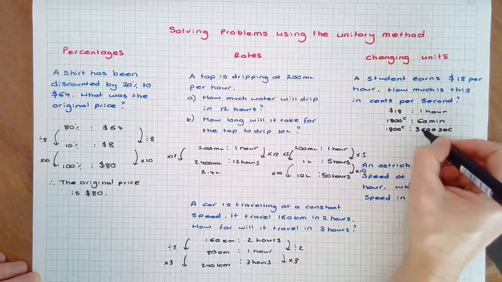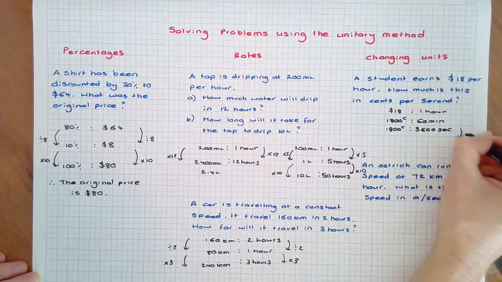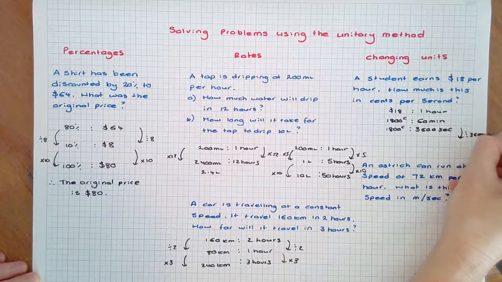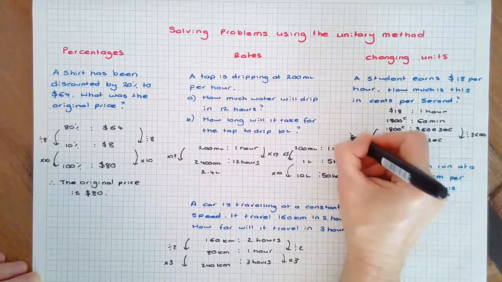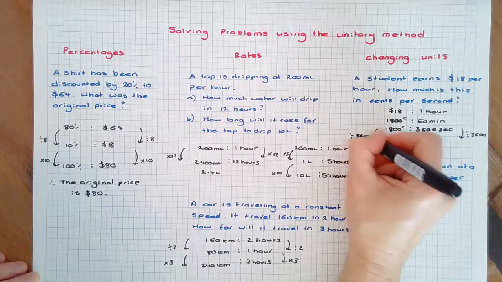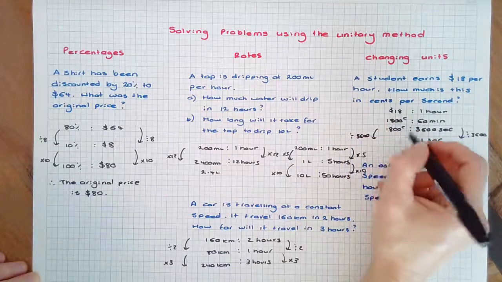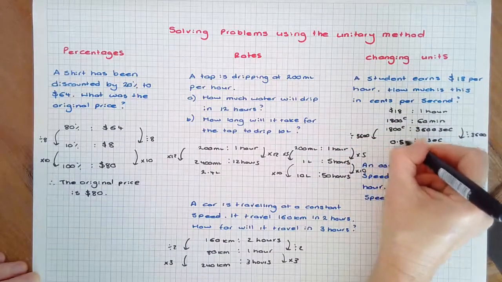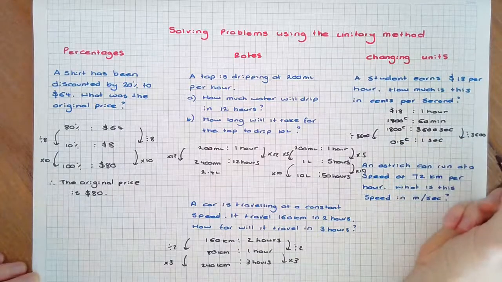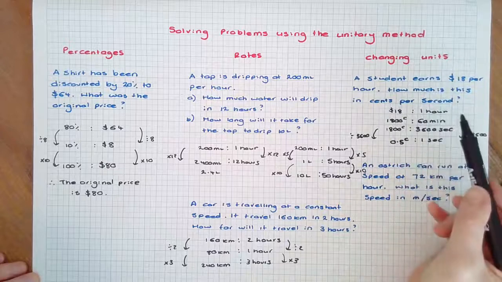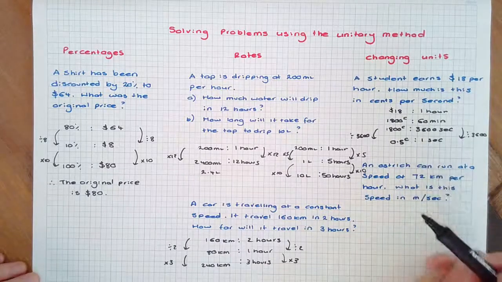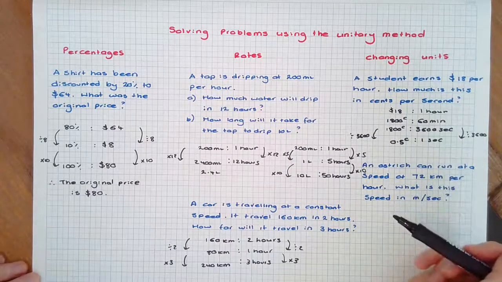So 3,600 seconds divided by 3,600 will give us the 1 second. And 1,800 divided by 3,600, you can see that's 1/2, or we'll say 0.5 cents. So therefore, $18 per hour represents half a cent per second.